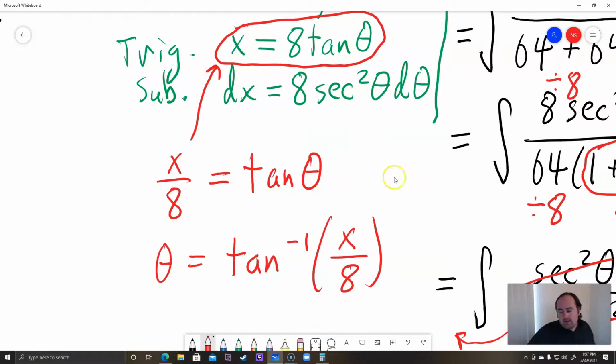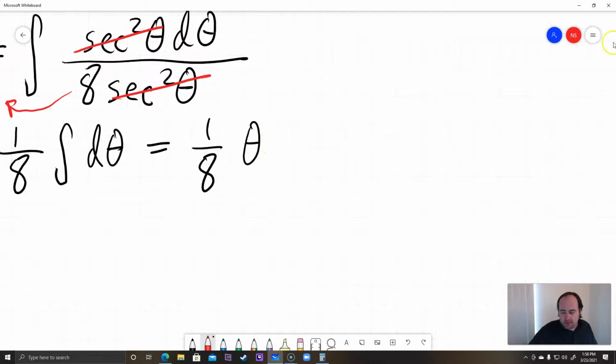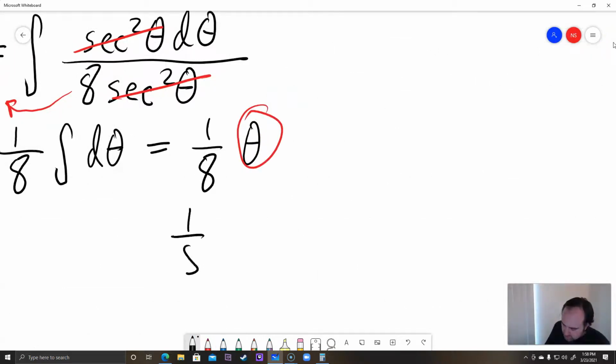And at the end here, I still don't need one. Whereas on the last problem, that right triangle actually came in a lot more handy. Whereas for this one, we didn't need it. Okay, so theta equals tan inverse of x over 8. Okay, so that's what we're going to plug in here. Okay, so tan inverse of x over 8.